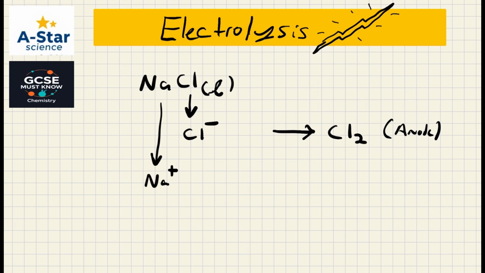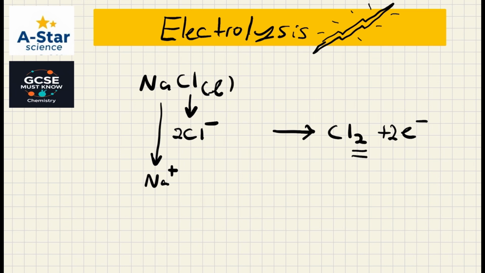So if we lose an electron, we can write it on this side. It's going to liberate an electron. We then need to balance it because there's two chlorines. That means we need two chlorides, and that's going to give off two electrons.